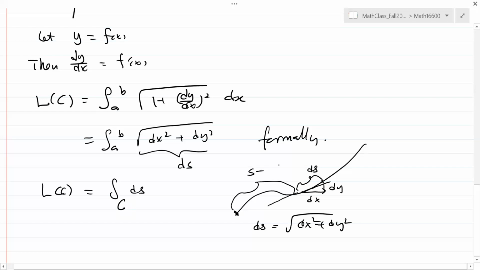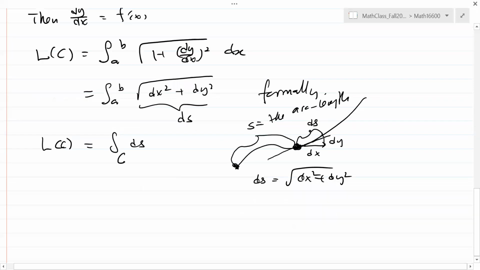So there's a third variable here. You have an x, you have a y, you also have s. s is the arc length from the starting point to that particular point. And the change in the arc length can be given by this Pythagorean theorem. So this is just the idea.